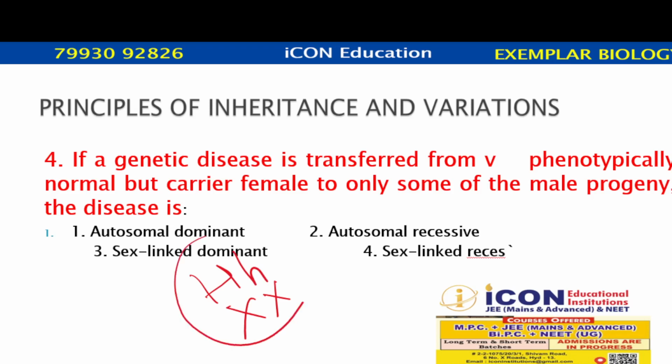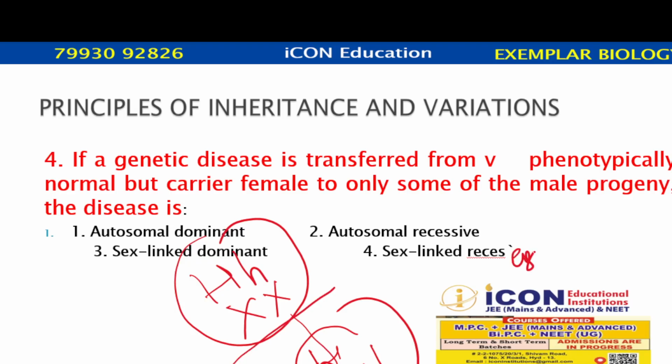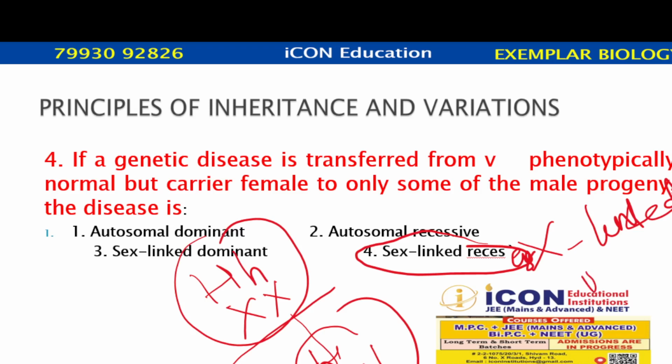In this case, only some of the male progeny, with 50% probability, her son is going to have hemophilia or color blindness. So in that way we can say this is sex linked recessive, or you may call it directly X linked recessive. Answer is sex linked or X linked recessive character, hemophilia or color blindness.